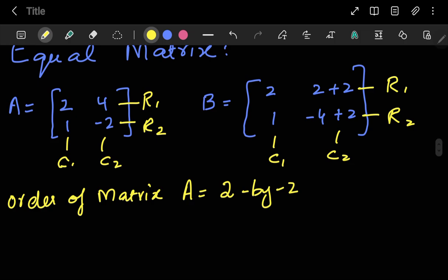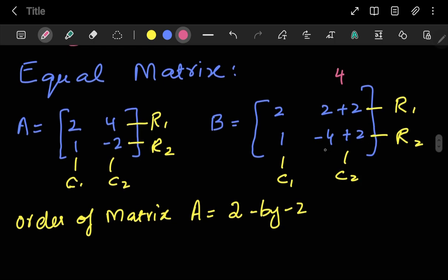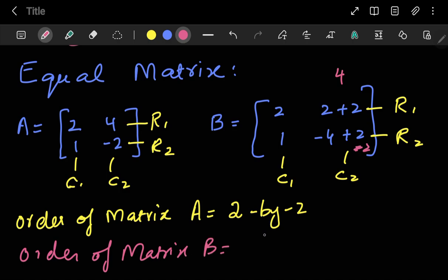Now in column 2 we have 2 plus 2. 2 plus 2 will be 4 and minus 4 plus 2 will be minus 2, which is equal to the matrix A of column 2. So the order of matrix B will be 2 by 2.